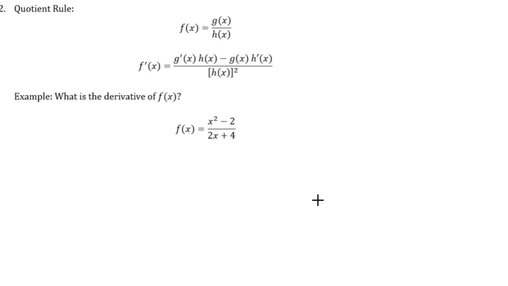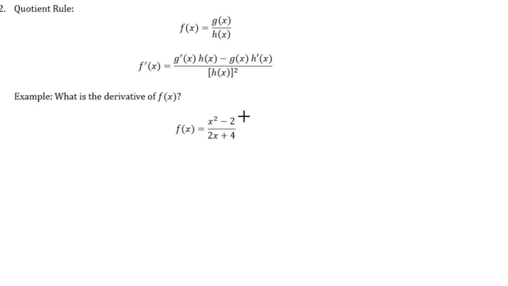And here we have quotient rule. In quotient rule, f of x is equal to the quotient of two functions. In this case, we can see that g of x is over h of x. So the derivative of f of x is given by the formula here. I'm not going to repeat all this, so let's just go to the example.